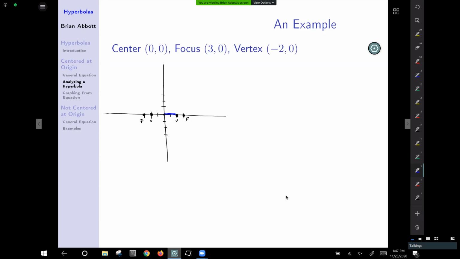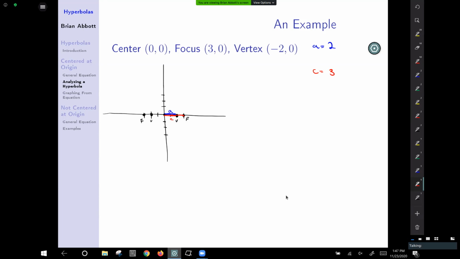We call that A. Let's write down that A is equal to 2. That's easy enough. And now the center to focus, in red there, that's our C value. And we just found out that C is equal to 3. It doesn't matter which way you do this, to the left or to the right, because we're measuring distances, and symmetry will give us the same distance there.